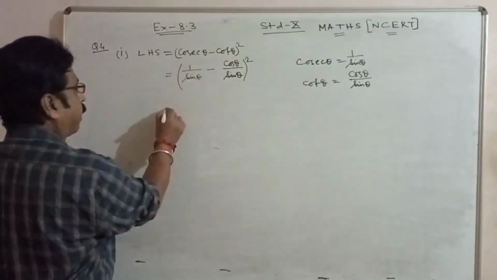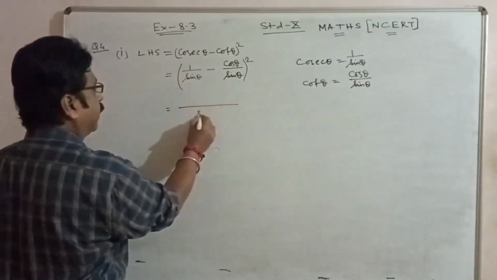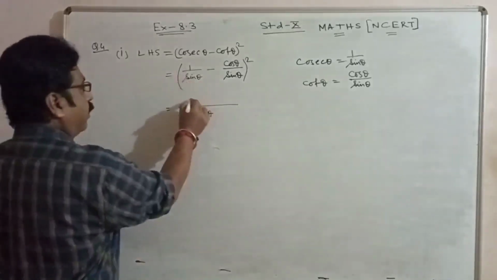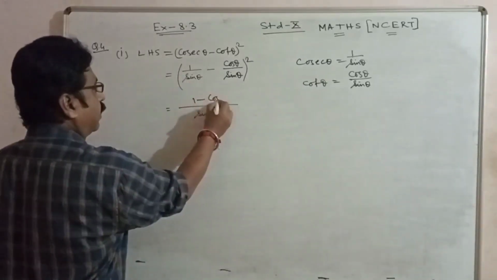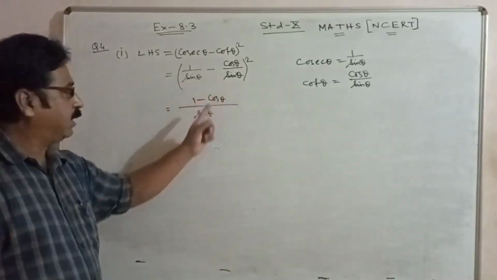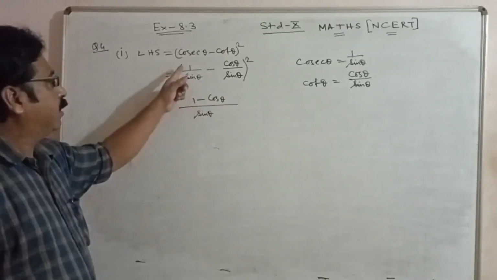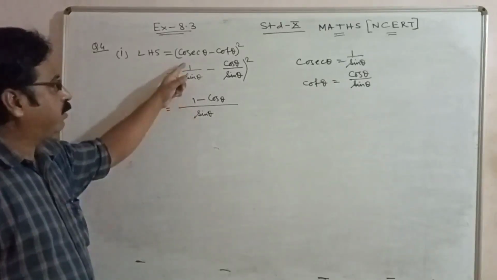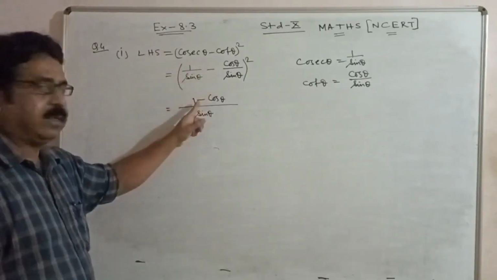Fractional addition. Sin theta and sin theta, LCM is sin theta. Then it will be 1 minus cos theta upon sin theta. Minus sign is here.